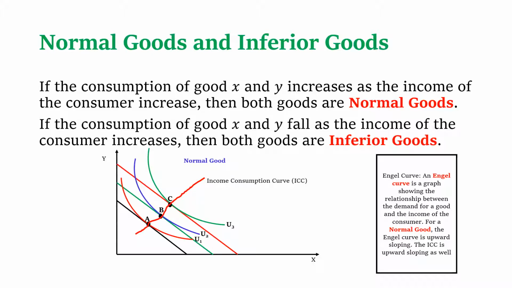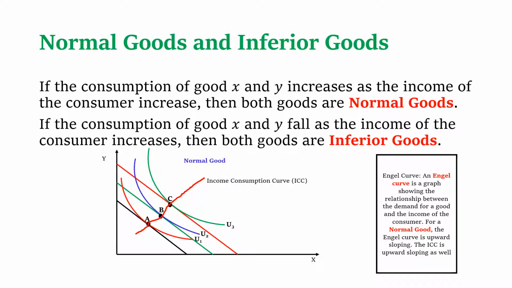At the same time, the income consumption curve is also upward sloping for all normal goods because the consumer consumes more of the good when the income increases. So the income consumption curve is going to be upward sloping.